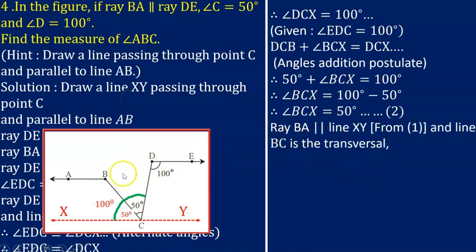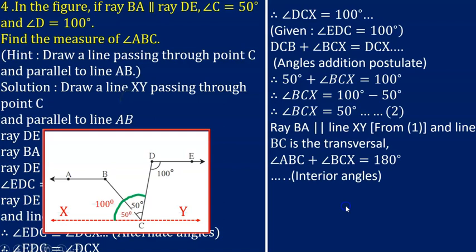Next, ray BA is parallel to line XY, and BC is their transversal. Now the measure of angle ABC plus the measure of angle BCX is equal to 180. They are the interior angles.